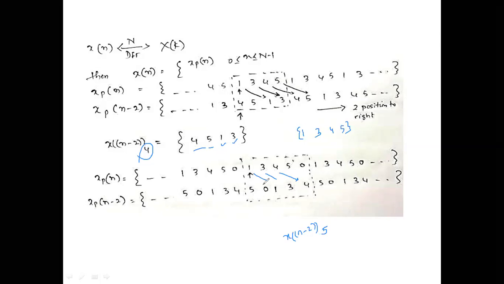But since n was 5, I have padded it with an additional 0 to make the length 5, then I will move. So this padded 0 is not going to come at this point, and this 5 is now going to occupy this location. Got this particular thing? Okay. Yes. Let us continue.